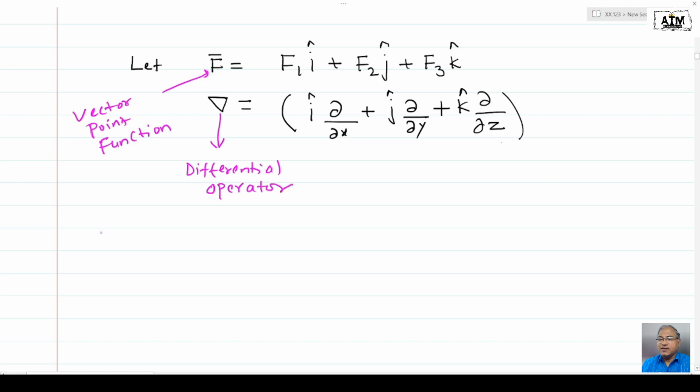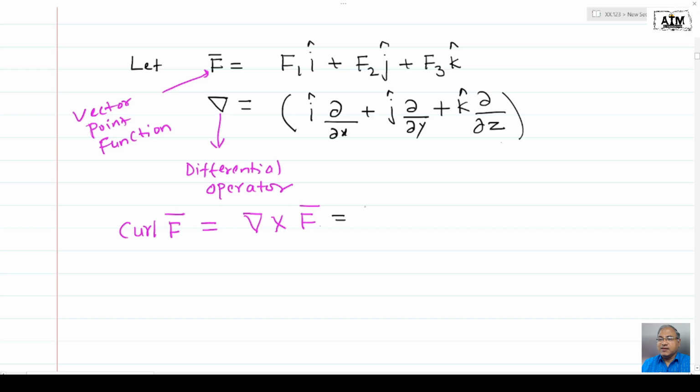Then we have to find the curl. The curl of f is given by the cross product of the differential operator and the vector point function, that is nabla cross f.